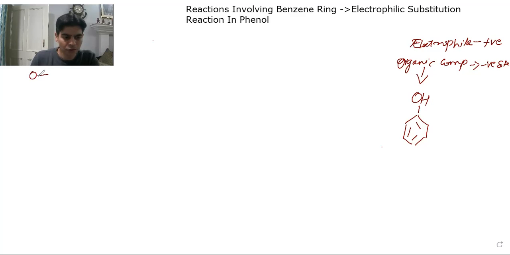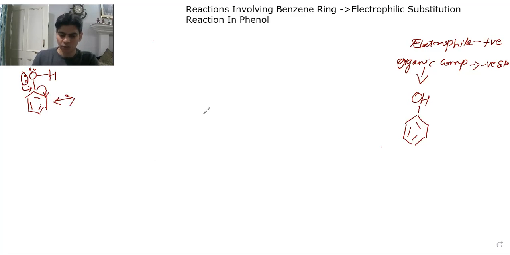We know that this is your oxygen, and the oxygen has two lone pairs of electrons. One of the lone pairs of electrons of this OH group will enter into resonance, or we say that it enters into the benzene nucleus.